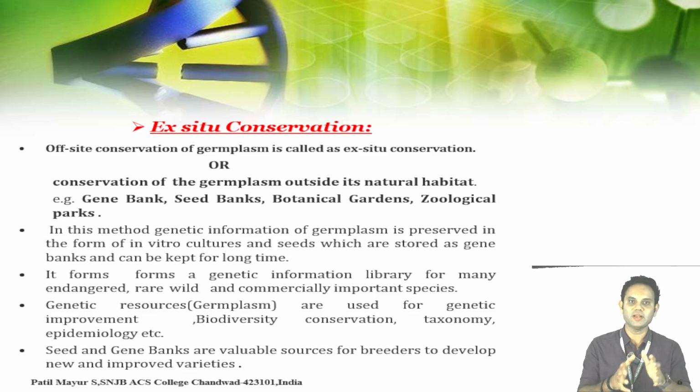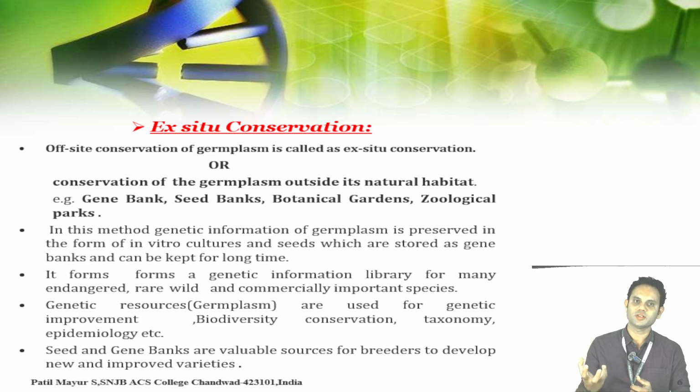So in lab conditions, the genetic information present in the germplasm is conserved, and also the seeds are collected from their natural habitat and stored as a gene bank or seed bank, which can be kept for a longer period of time. There is one example, Padma Shri Rahibai Popere.